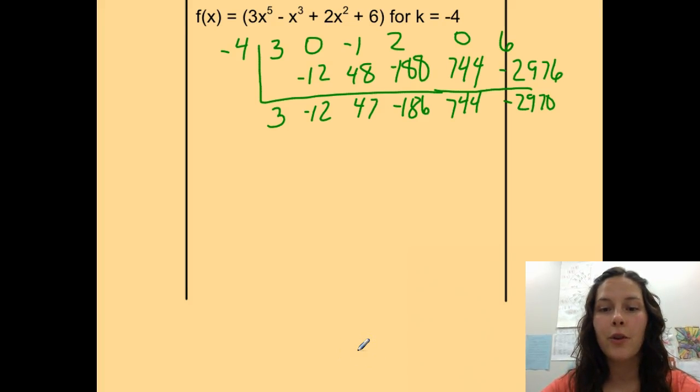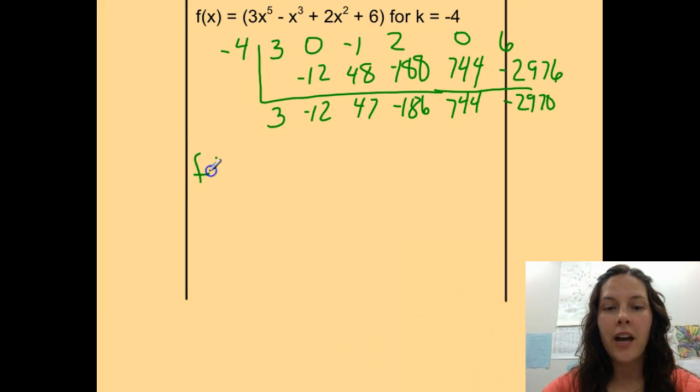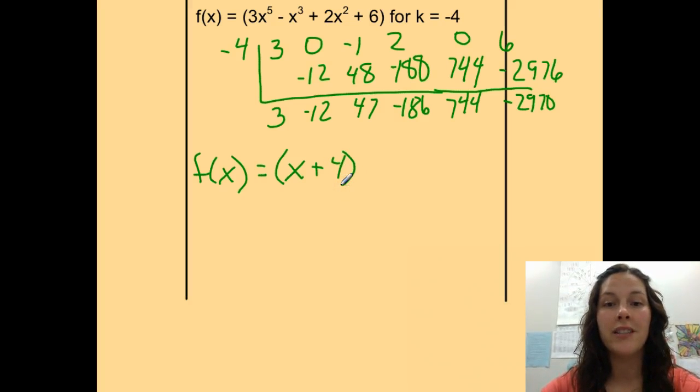Rewriting this in that format, f of x, and I'm not going to write it all out, equals x plus 4, putting that back into the box. We make that negative 4 that we divided by opposite, so this is where I'm getting that plus 4.